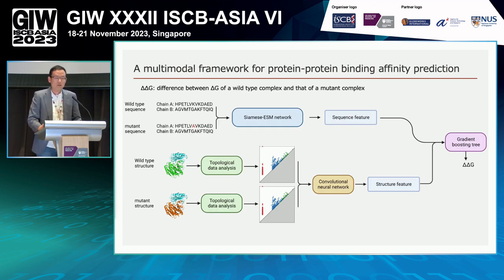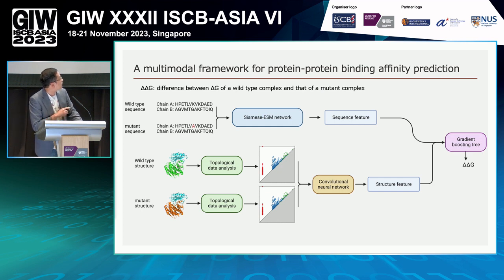This is the structure of our model. The multimodal framework for protein-protein binding affinity prediction has three components. One is the Ceramid's ESM network, which generates the sequence feature, and a convolutional neural network is used to generate the topological feature from the persistence diagram.